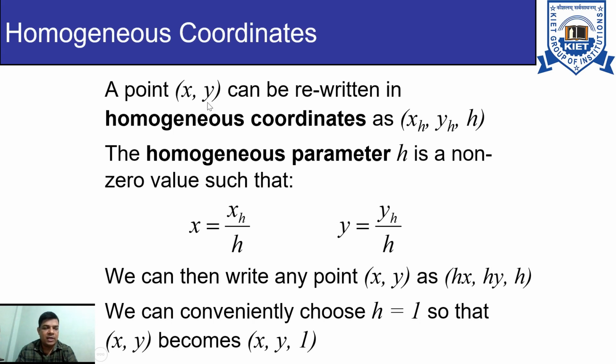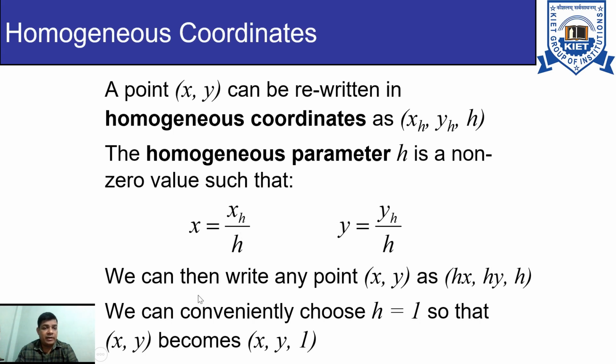We represent this as a homogeneous coordinate, where the homogeneous parameter h is a non-zero value such that x is equal to xh upon h and y is equal to yh upon h. So we are adding one more parameter that we call the homogeneous parameter.